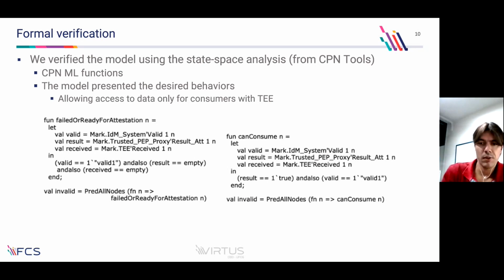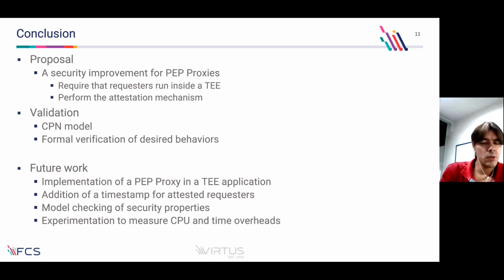Concluding our work, we have a proposal that is an improvement to policy enforcement point proxies. This improvement considers that the policy enforcement point proxy requires that requests run inside the trusted execution environment.